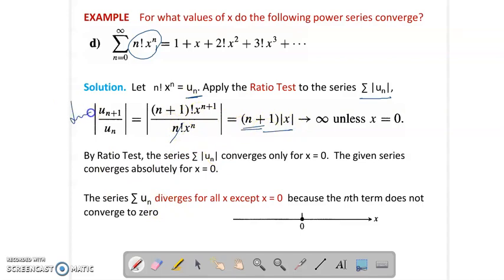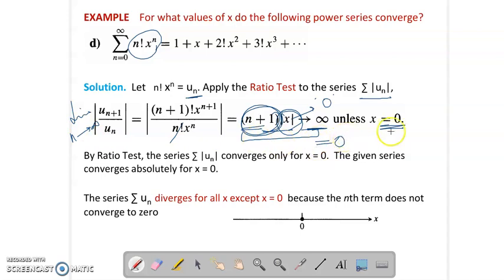Now when you take the limit of this function as n tends to infinity, because of this term present as a numerator, this will tend to infinity, right? For any value of x, unless your x is equal to 0. If x is going to take value 0, in that case, even when you take limit n tending to infinity, this quantity will turn out to be 0.